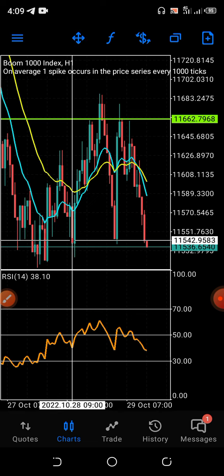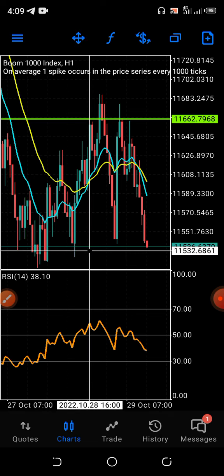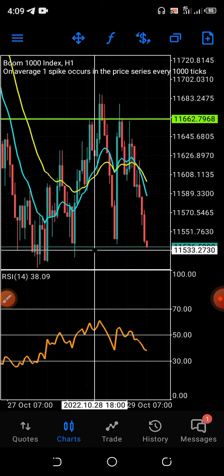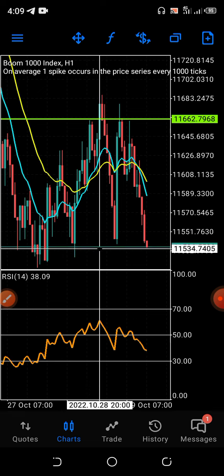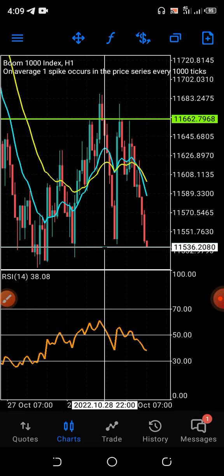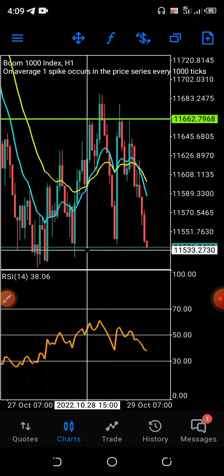But from the angle of analysis, what you can see here is a supply zone, which is sell. In a few days or hours from now, we will be able to determine whether it's going to be a continuation of that trend or it's going to reverse to become a bullish trend. But something like this, we are not afraid of it.